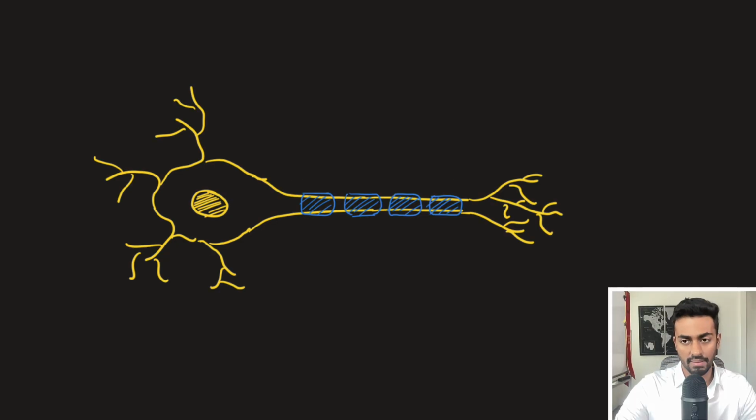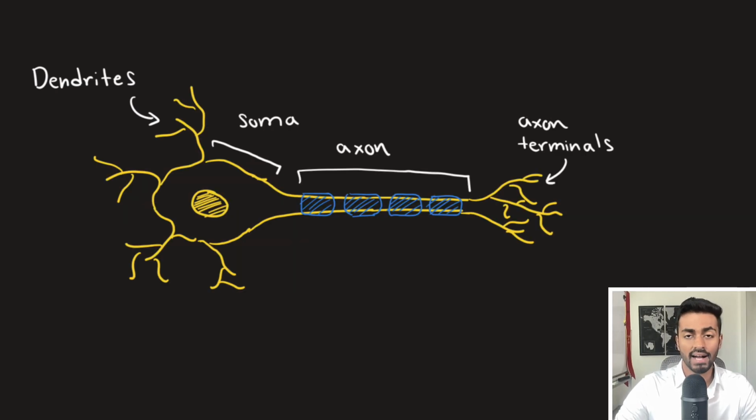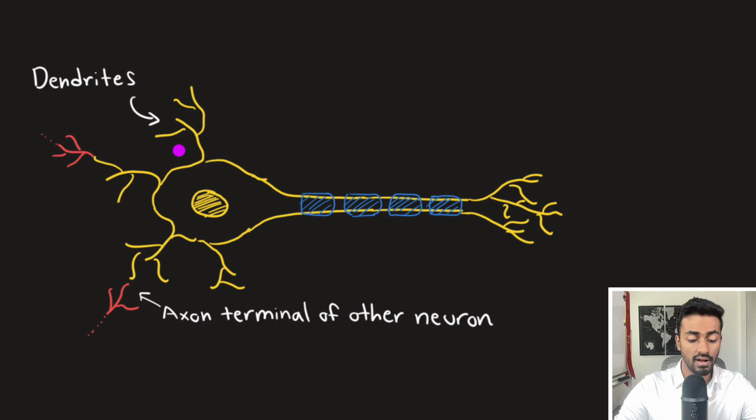This here is a biological neuron, where we have dendrites, the cell body or the soma, the axon terminals, and a fatty substance that surrounds the axon known as myelin. Now, this neuron is connected to thousands of other neurons via their axon terminals.